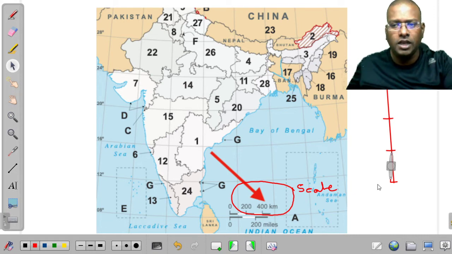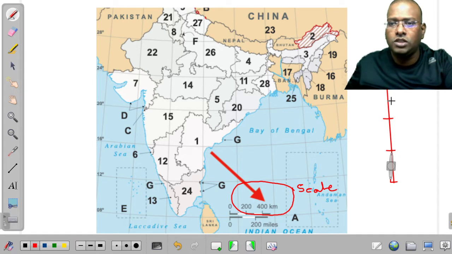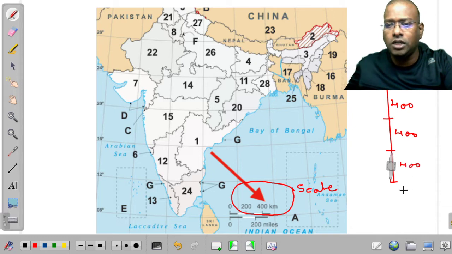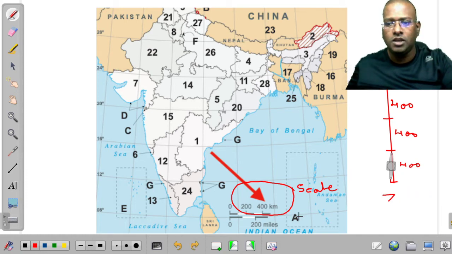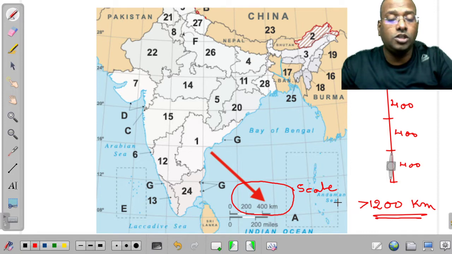So this particular length is 400, this is 400, and it is a little bit more. So it should be more than 1200 kilometers. The distance between Delhi and Hyderabad is more than 1200 kilometers. This is aerial distance, not the road. It is the aerial distance between Delhi and Hyderabad.